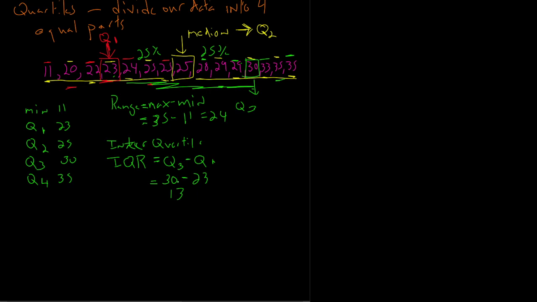So 30 and 23. Oh, 30 and 23 doesn't make 13. This makes 7. I was thinking of 43 and 30. Don't know why. All right. So there's our interquartile range.